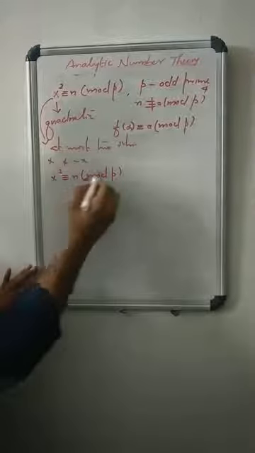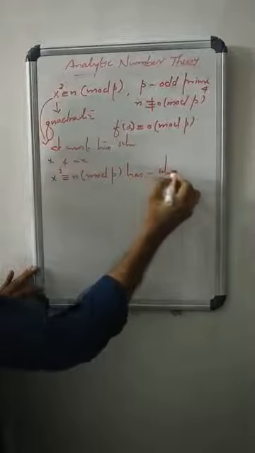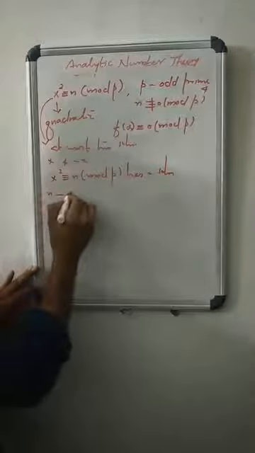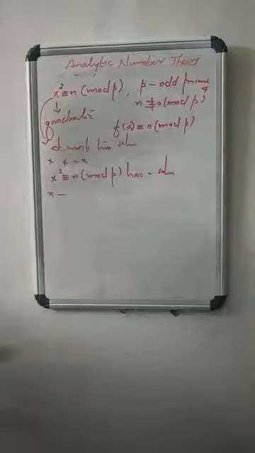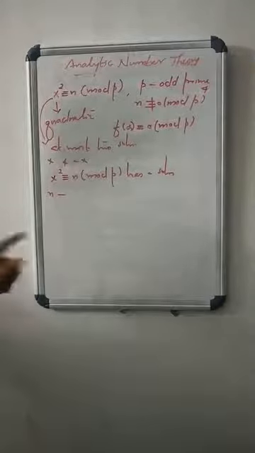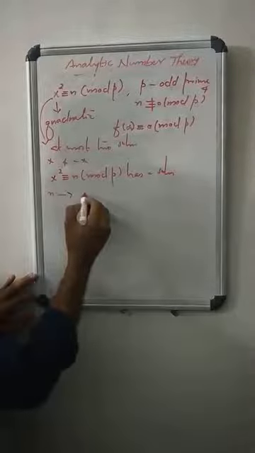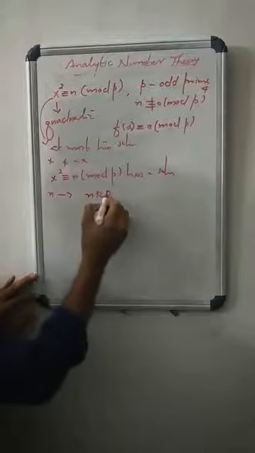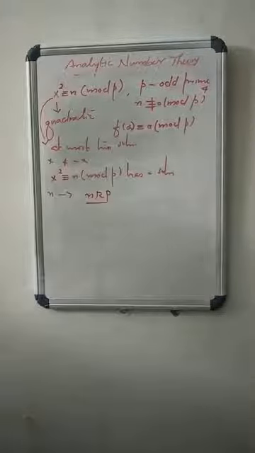If the congruence x squared congruent to n mod p has a solution, then n is said to be a quadratic residue mod p, written as n R p. Read it as n is a quadratic residue mod p.